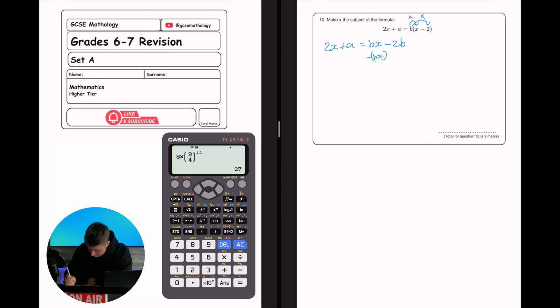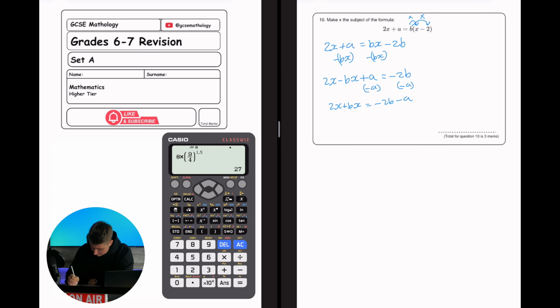I'm going to subtract bx from both sides to get 2x minus bx plus a is equal to minus 2b. And then we're going to move this a to the other side by subtracting a from both sides to give us 2x plus bx is equal to minus 2b minus a.